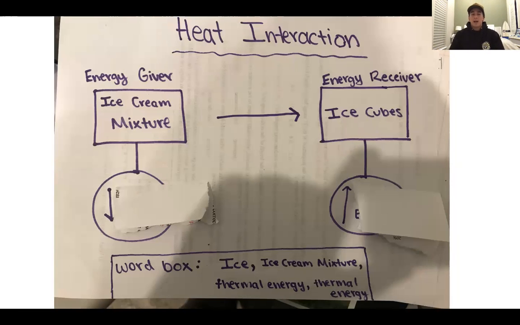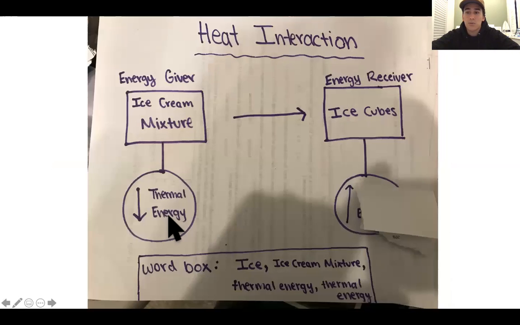Okay, so now if we think to the bottom left, right down here, there needs to be a decrease in something for the ice cream mixture. And like we just said, the ice cream mixture went from going hot to being cold. So what did it lose? It lost its thermal energy or its heat. Okay.